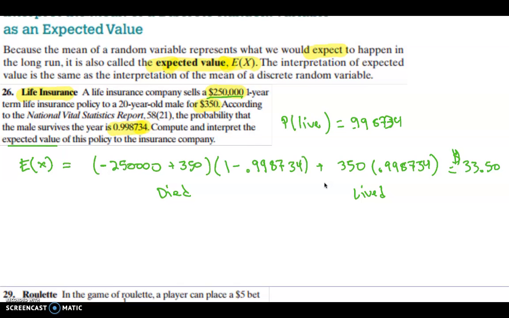So I'll say expect to make $33.50 of profit per policy sold. And so if you sell a million of these policies, then you would take the $33.50 that you expect to make on each policy and multiply it by a million. That would be your expected profit.